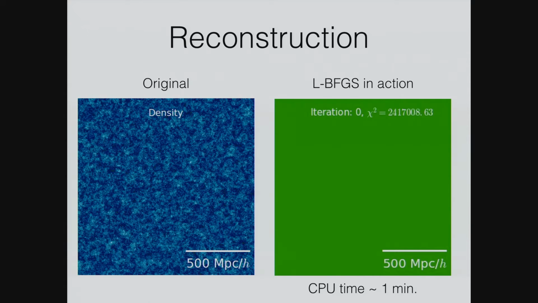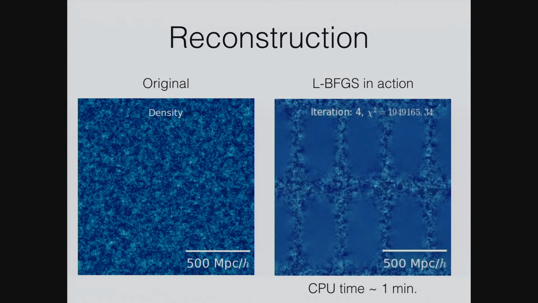So I'm going to show you how LBFGS works, a very quick movie. My first iteration, I assume everything is 0. I'm not putting any information in there, and I'm going to try to calculate it. The movie will just go iteration after iteration. So let's get started.